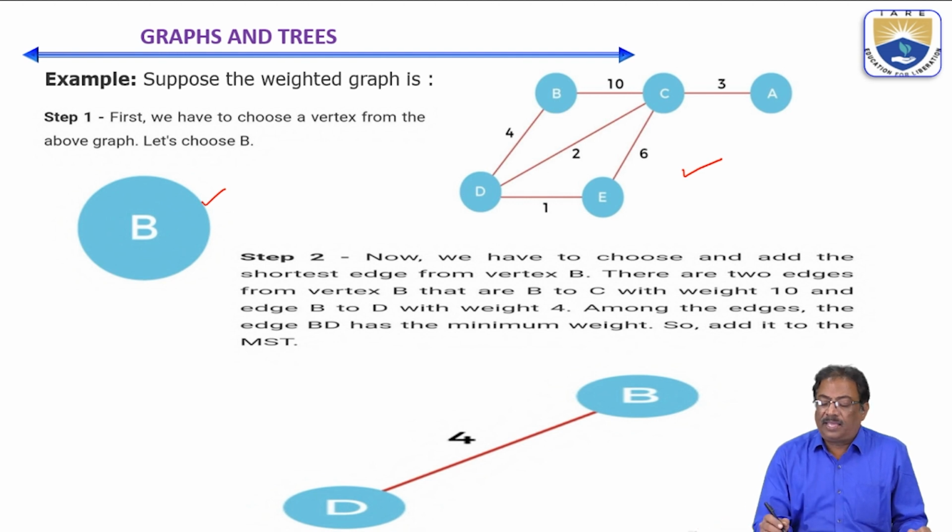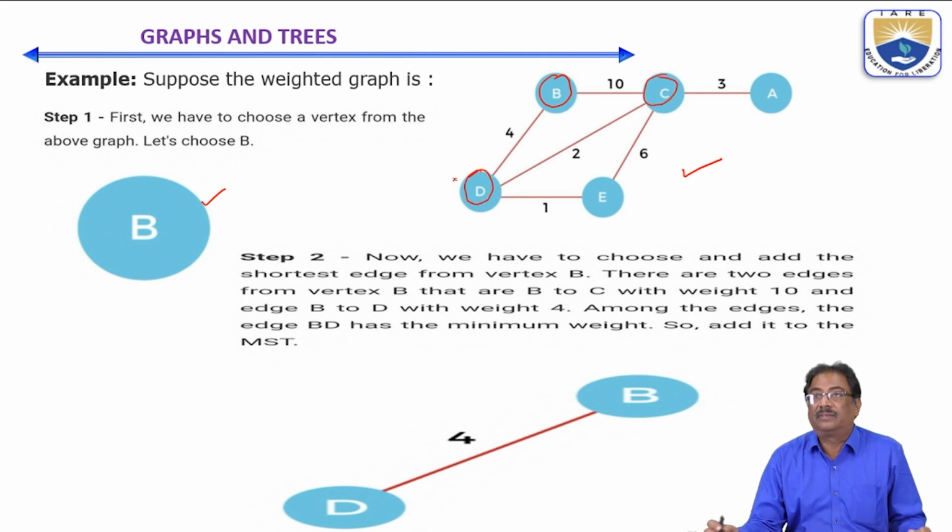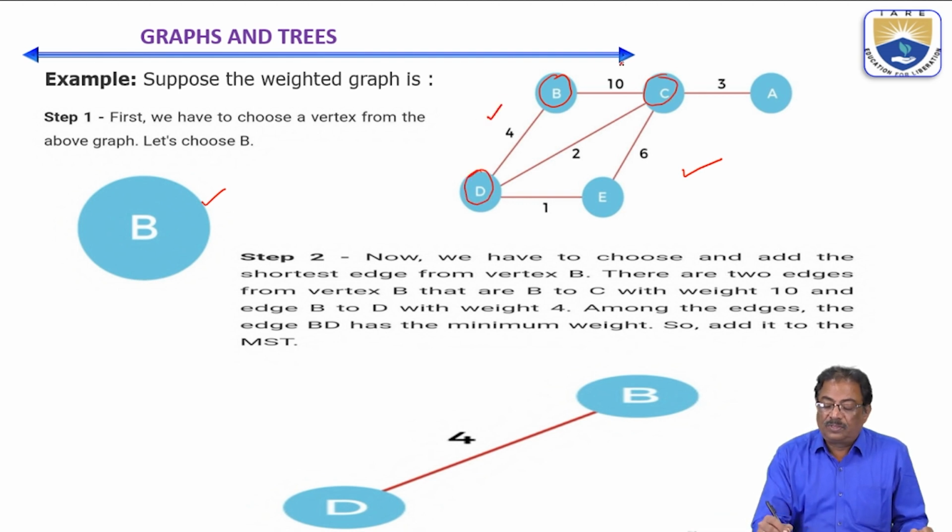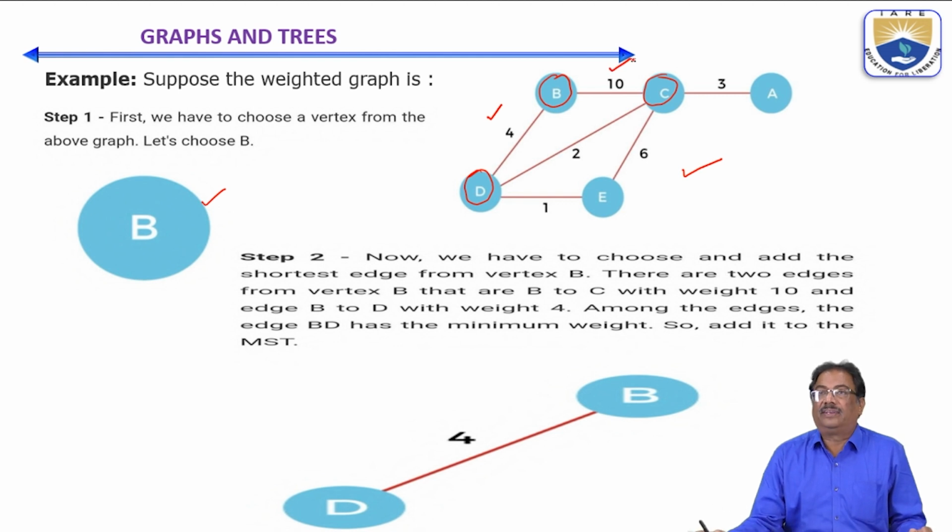Now from B, there are adjacent vertices. One is C and one is D. So among these two, which is the minimum weight? The 4 is the minimum weight.